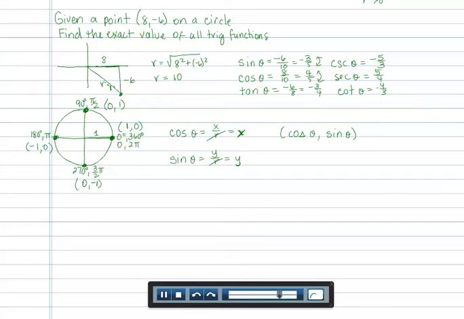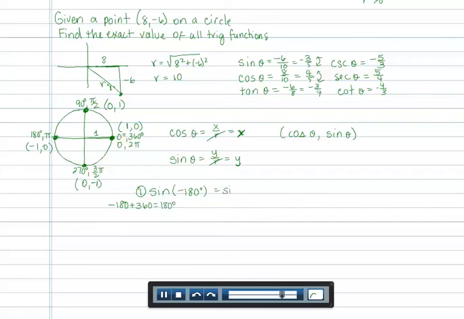So if somebody were to ask you, let's say, for the sine of negative 180 degrees, all you have to do is, number one, change negative 180 to an angle between 0 and 360. So negative 180 plus 360 means positive 180 degrees.